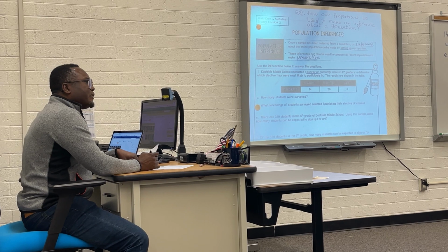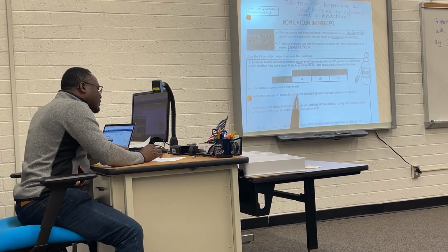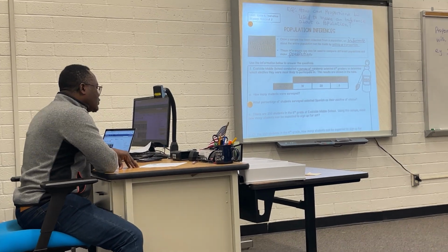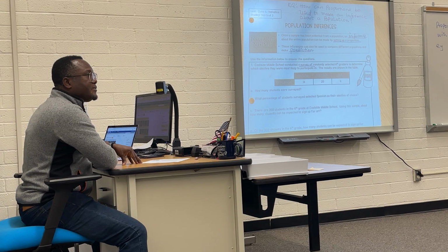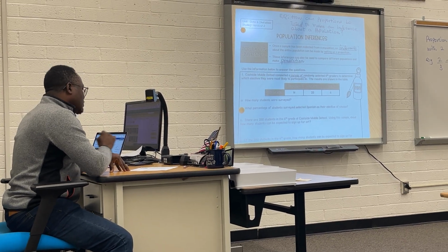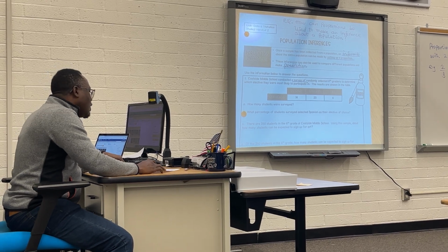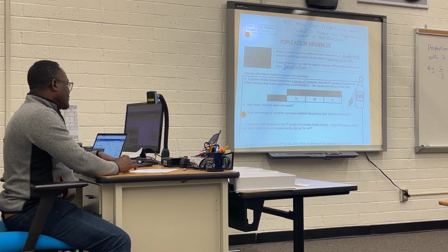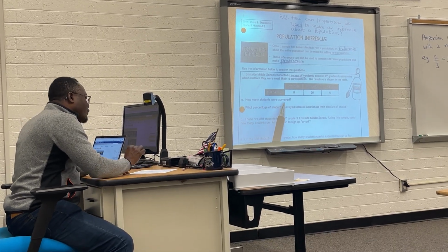Now, before we go to question A, how many students want to do Spanish? 14. Good. And how many want to do theater? 20. What about art? 16. Very good.